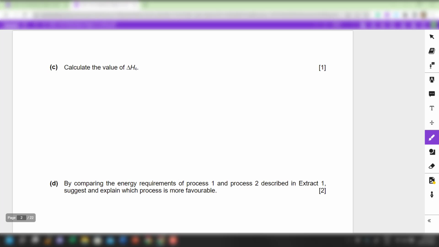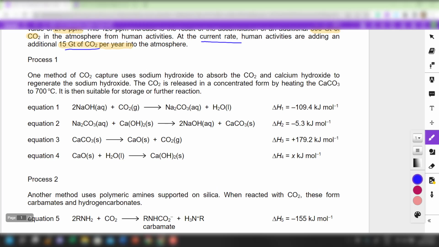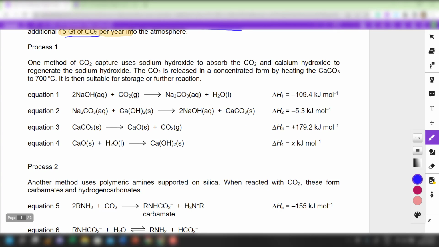You are asked to calculate the value of delta H4, which is over here. If you look at this whole series of equations 1, 2, 3, and 4, you'll notice that if I sum up equations 1 and 2, I'm going to cancel off the sodium hydroxide on the left of equation 1 and on the right of equation 2, and then I'm going to cancel sodium carbonate solution.